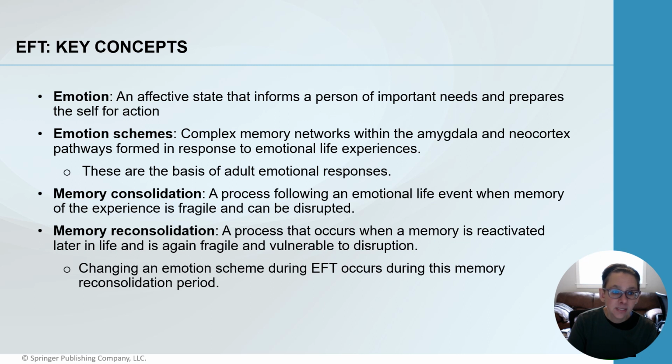These are the basis of adult emotional responses. And so those emotional reactions can be neuronally connected, kind of like in panic disorders within the amygdala. And then memory consolidation and memory reconsolidation: disrupting that previous memory and reconsolidating it to have a different emotion attached to it.